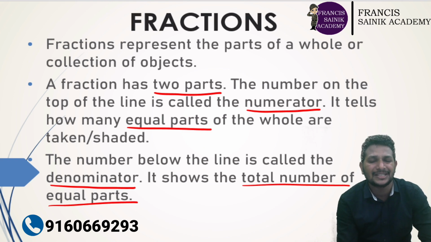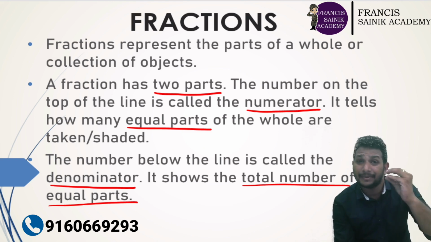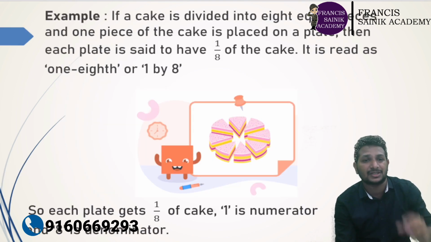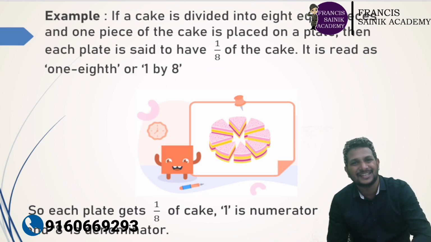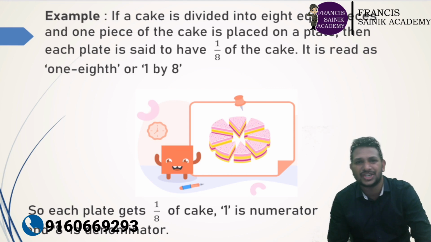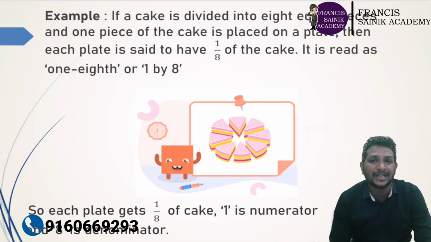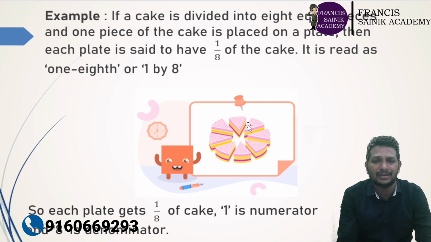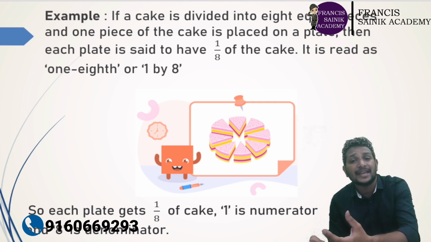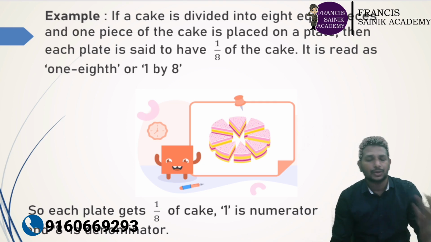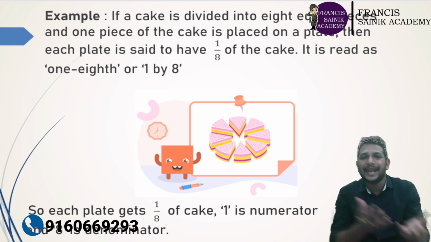Let's see this in detail with a diagram. If you look at this example, like the pizza slice, here they mention a cake. A cake is divided into 8 equal pieces, as you can see in the diagram, with one piece of cake placed on each plate.